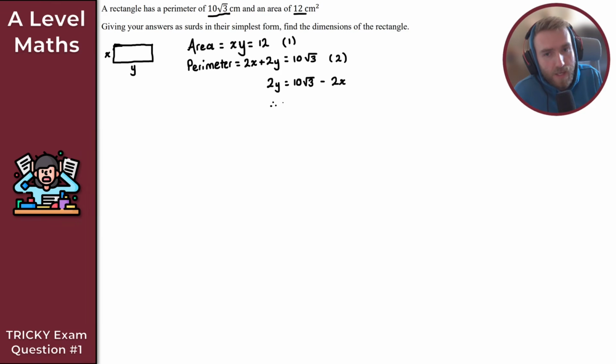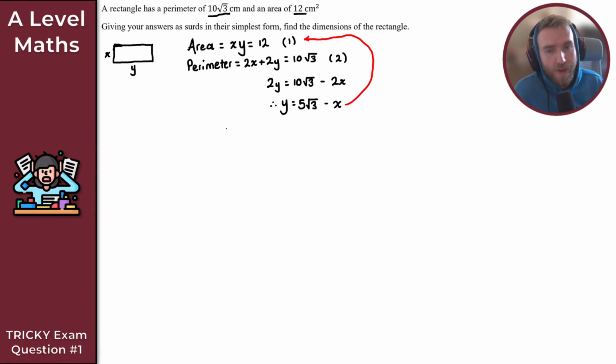And in that case, what we get is y is equal to 5 root 3 minus x there. Okay. And as we just said, all we're going to do now is substitute y into equation 1. I'm just going to highlight this in a different color. Let's just substitute this now into equation 1.